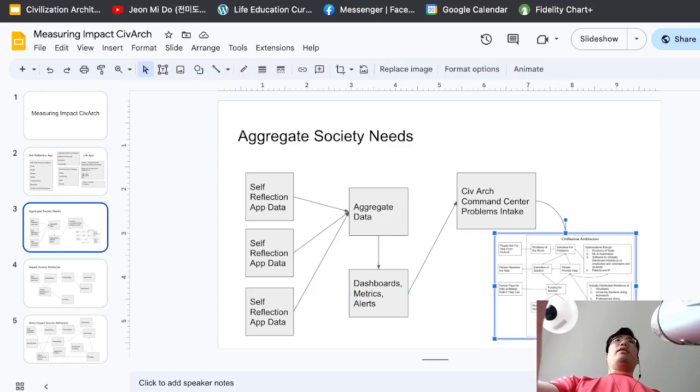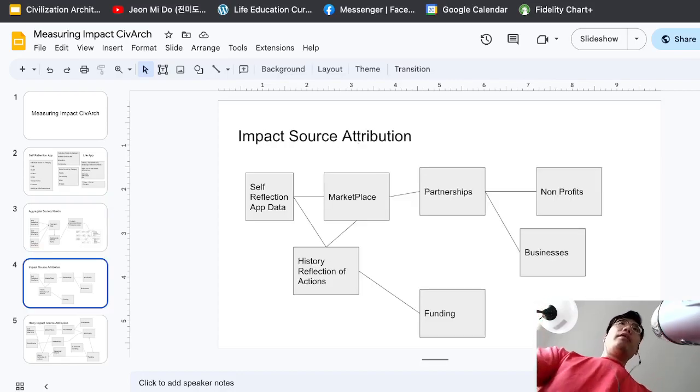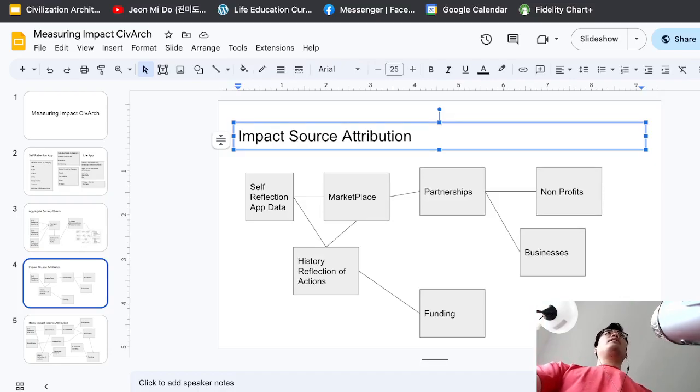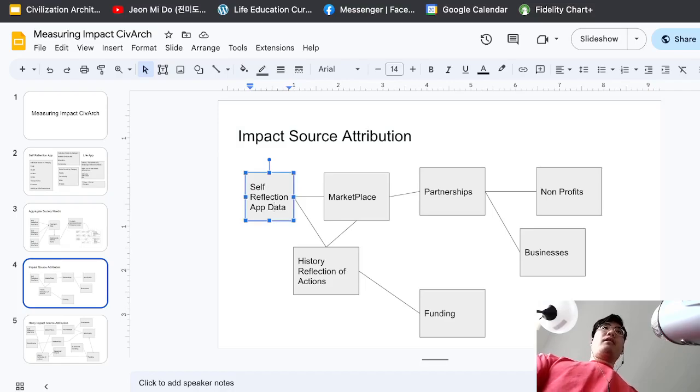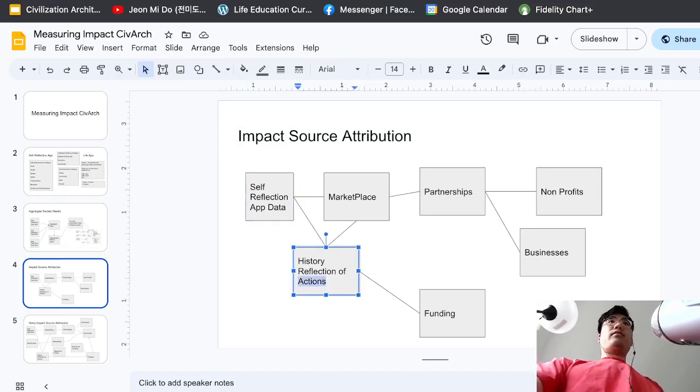And that's illustrated here. The command center will pipe the problems into the system to solve the problems for the population at large. In order to track the source attribution to see who is providing what service that is helping which population, we have the self-reflection app data feeding into a history of reflected actions.